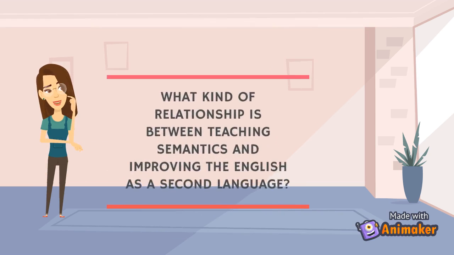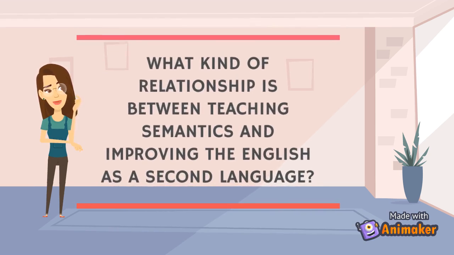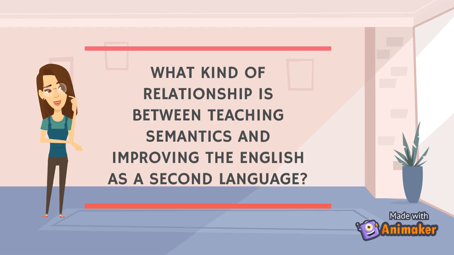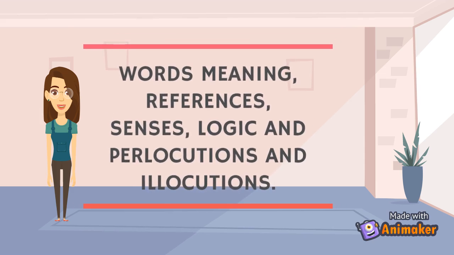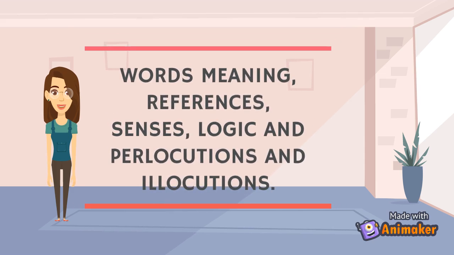So, according to that, we can ask what kind of relationship there is between teaching semantics and improving English as a second language. Well, the answer is that semantics is an important area of word meaning, references, senses, logic, perlocutions and illocutions. It helps students understand the word's meaning, sentence relationships, discourse, and context.